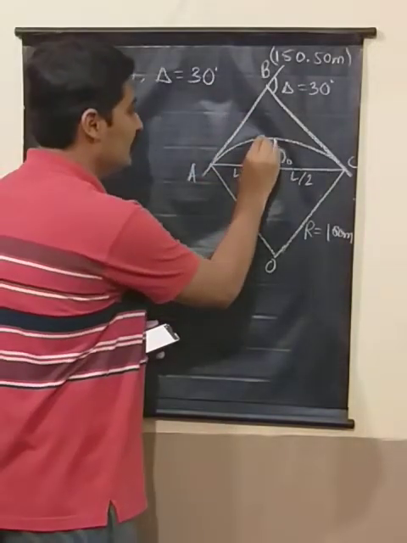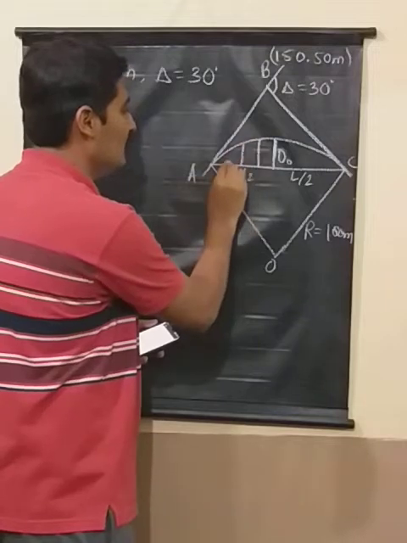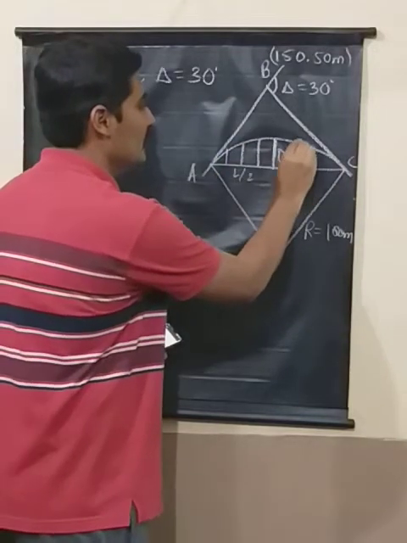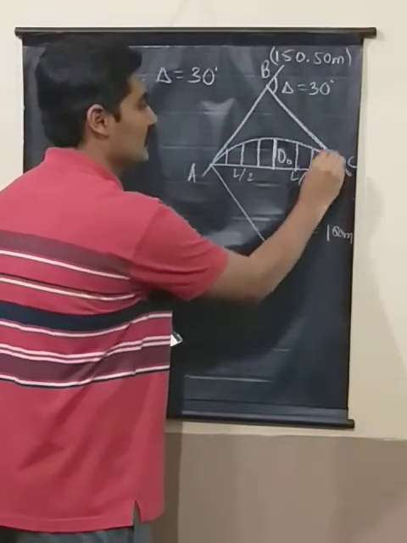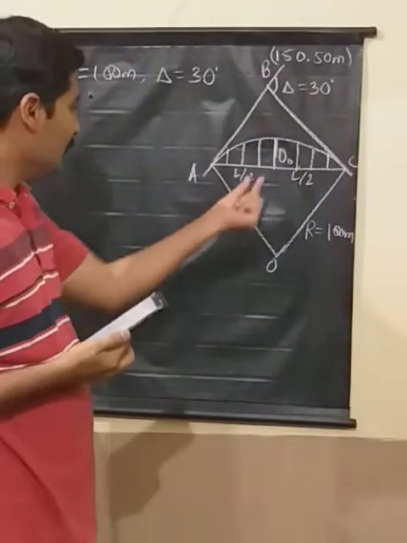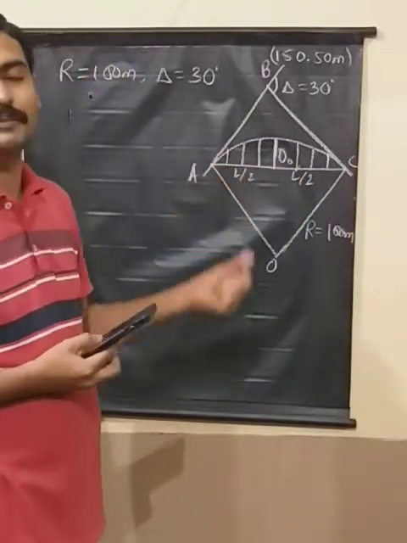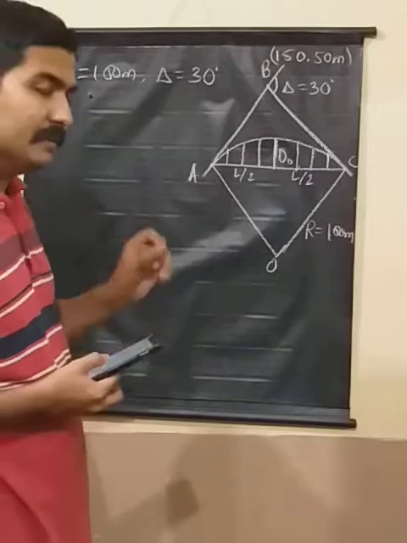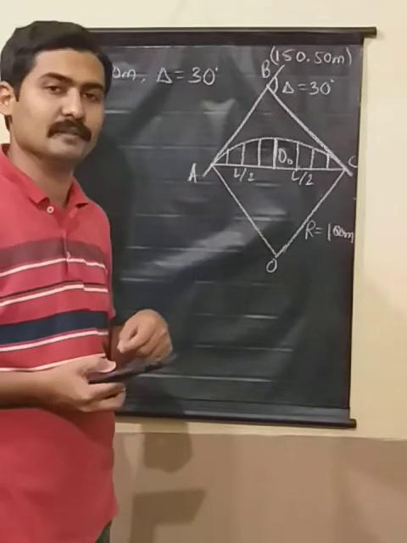There might be one offset here, one more here, and so on, so we will have a number of offsets. The interval between the offsets is sometimes given in the problem. If it is not given, we are supposed to decide it.